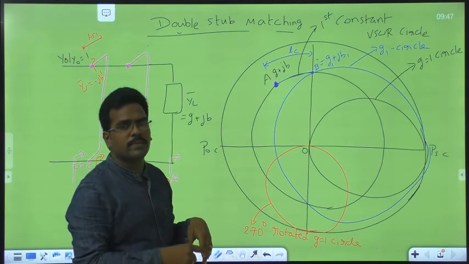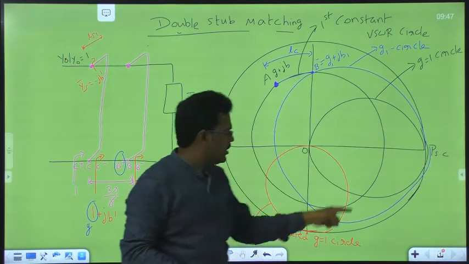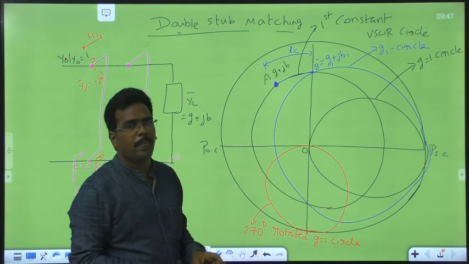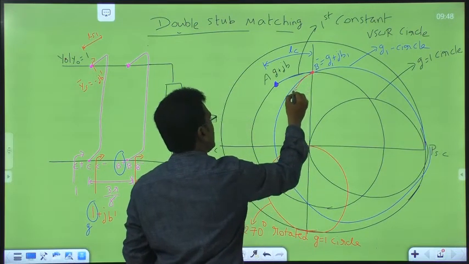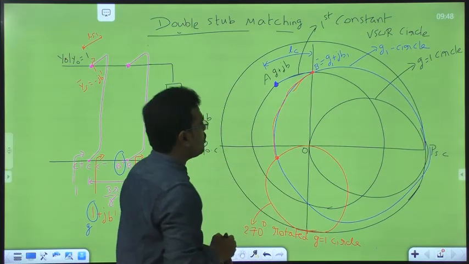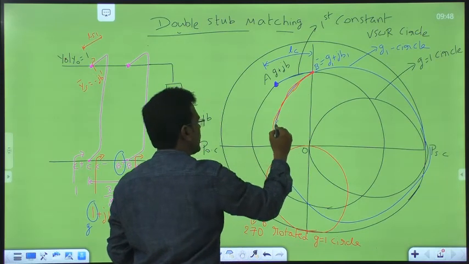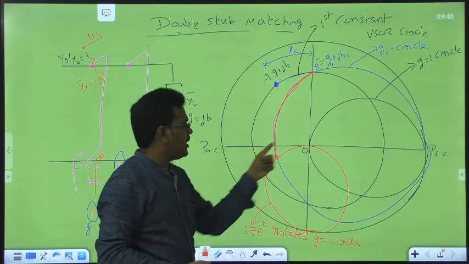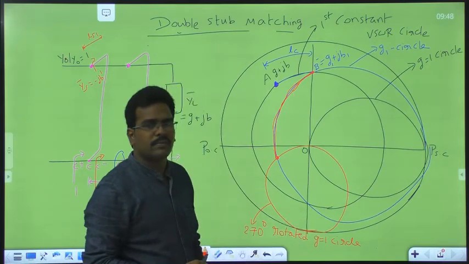Okay, we have to follow these steps. What is the first step? Draw the G1 circle. The second step is draw the 270 degrees rotated G is equal to 1 circle. The third step is move on this G1 circle until it reaches the 270 degrees rotated G is equal to 1 circle. It may be here or here, anything is okay.